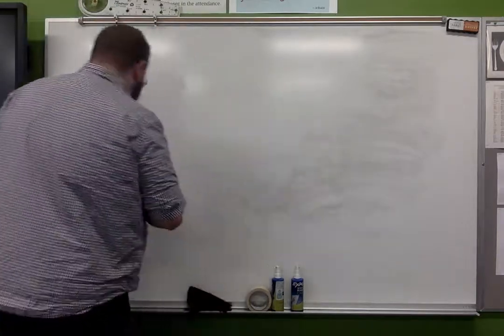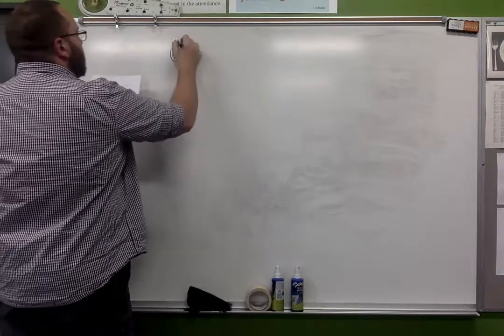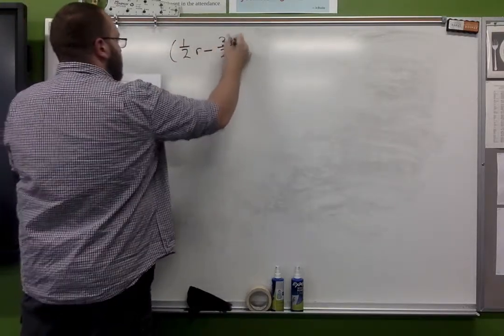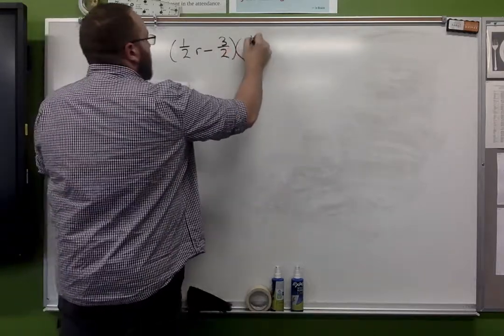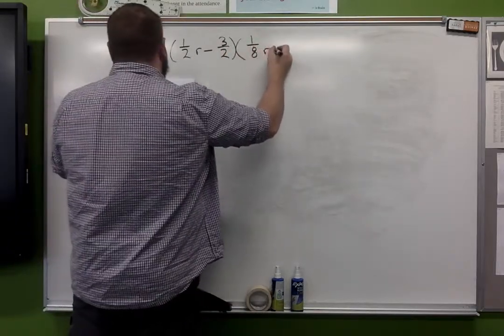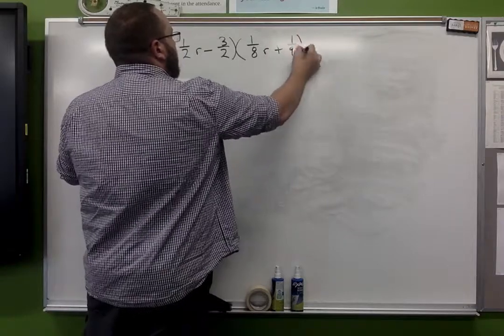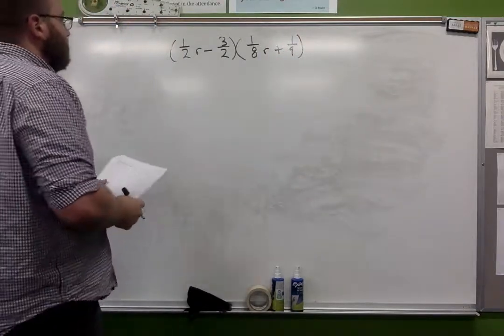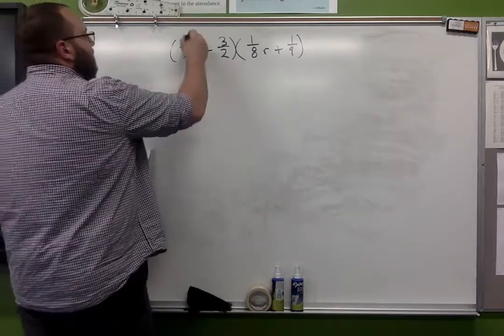All right. With that being said, let's do 1/2 r minus 3 halves times 1/8 r plus 1/9. Ooh, don't you just get goosebumps doing fractions? Okay.